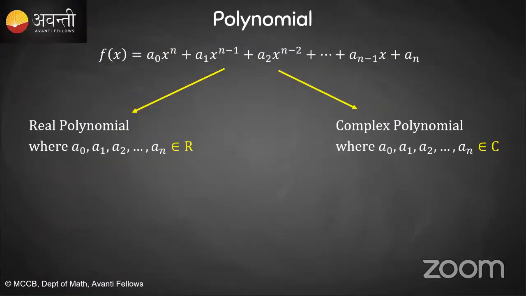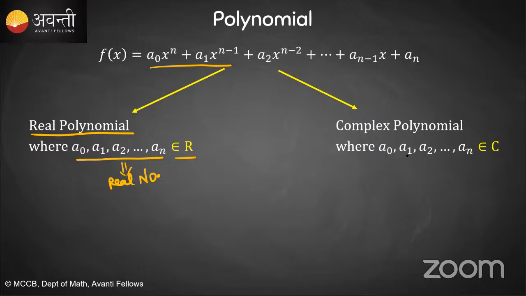Now student, see, in the polynomial definition, if your a0, a1, a2 up to an are real numbers, then you will say that your polynomial is a real polynomial.